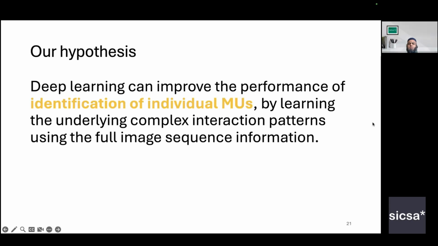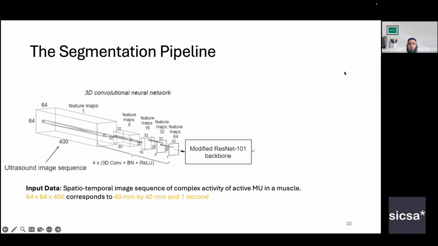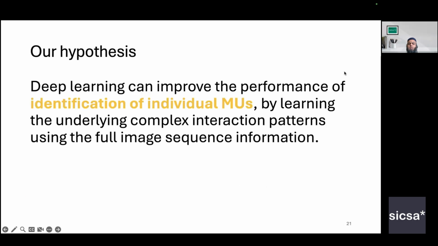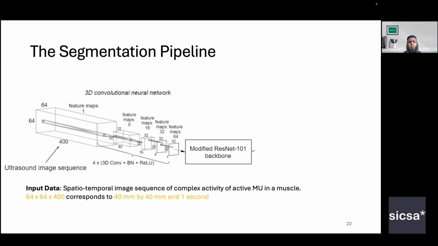So our hypothesis is that we can use a deep learning pipeline to perform the identification of these individual motor units, by some sort of extraction of information from the expansion and contraction, and then use this to track the time domain signal as well.